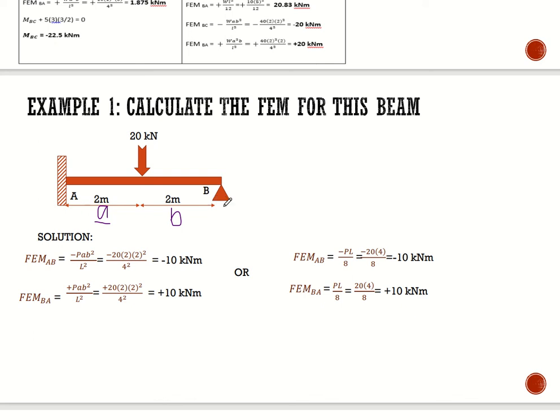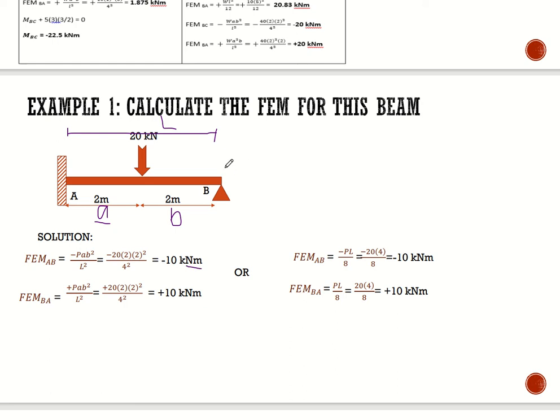The total length is 4. This is the total length. So the total length is 4, and we're going to use this formula: negative force 20 times A 2 times B 2 square divided by total L, which is 4 square. We got negative 10 kilonewton meter.